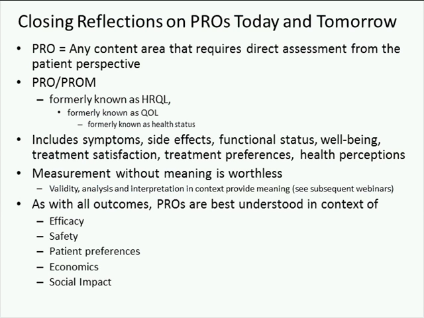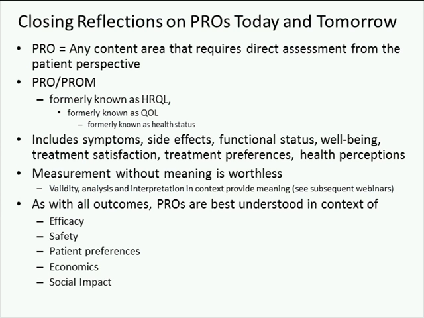Now today we think of PRO measures as more than just a set of health-related quality of life measures that are in the armamentarium, but that is the largest by far group of instruments in the PRO family. But we've used different terminology over the years, and they're all more or less meaning the same thing.